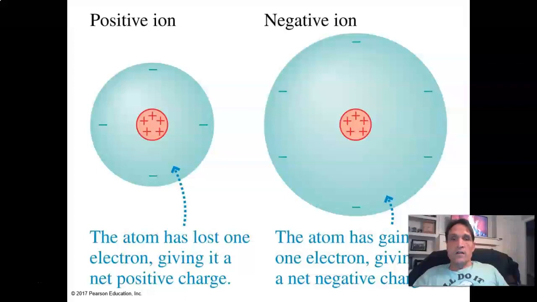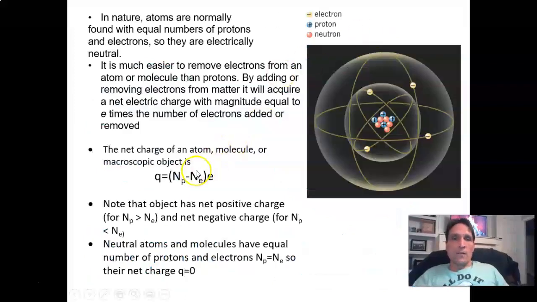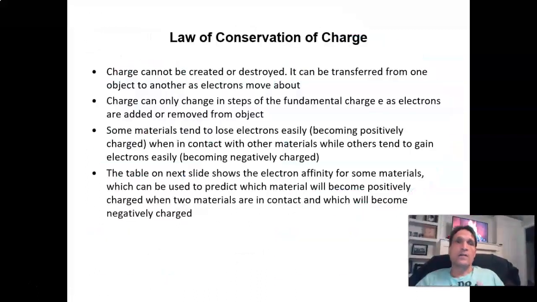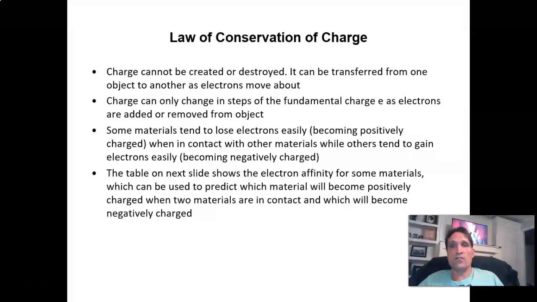Now, since the amount of charge on a given atom or molecule is quantized, it can change by given multiples of the charge of an electron by adding or removing electrons. Okay. Now the law of conservation of charge says that charge cannot be created or destroyed, but it can be transferred from one object to another as electrons move about from one to the other.